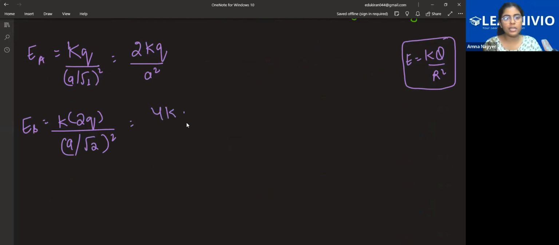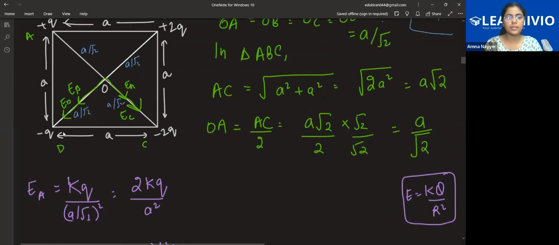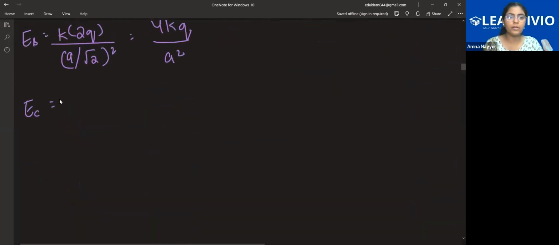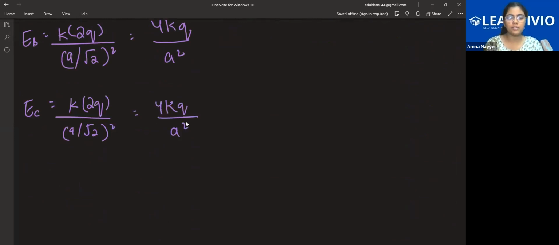So 4KQ by a square. This is EB. Then EC. EC has minus 2Q, so again we take the magnitude only. So this will be K into 2Q by a by root 2 whole square. This will also be equal to 4KQ by a square.